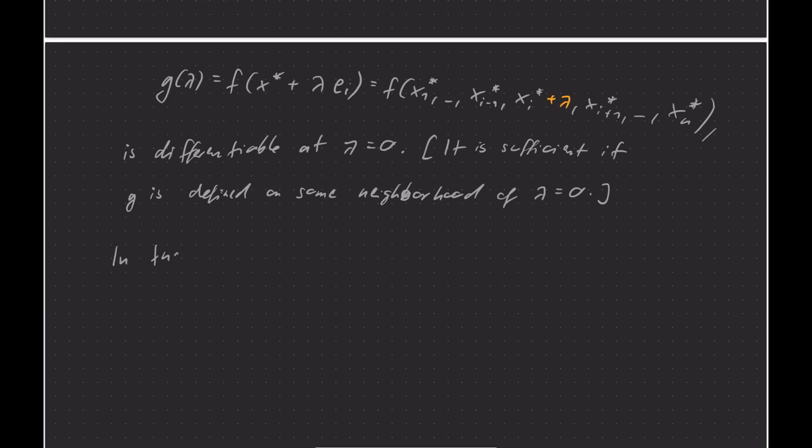In that case, g prime of 0 is called the ith partial derivative of f at x star.